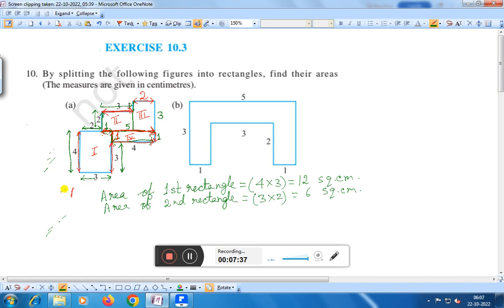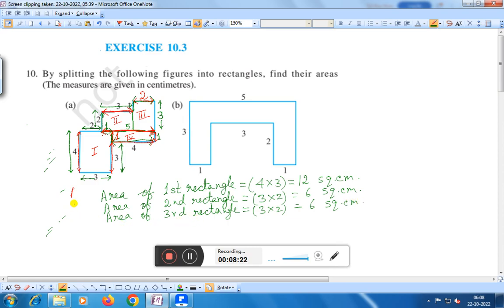Now area of third rectangle. What is the area of third rectangle? The breadth is 2 and the length is 3. Here you see this length is 3. Therefore 3 into 2 is equal to 6 square centimeter.